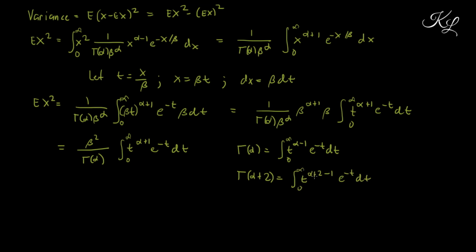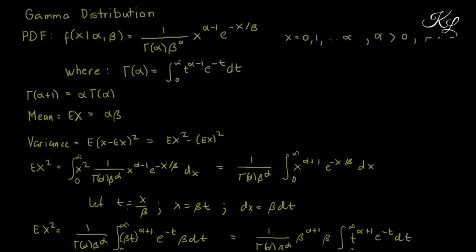This one, alpha plus 2 minus 1, is alpha plus 1. So this is equal to the integral of t raised to alpha plus 1, e raised to negative t, dt, from 0 to infinity. Now this one is the same as this one, so instead of this one, we will use gamma of alpha plus 2. So we'll have beta squared gamma of alpha plus 2 over gamma of alpha.